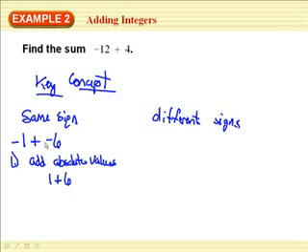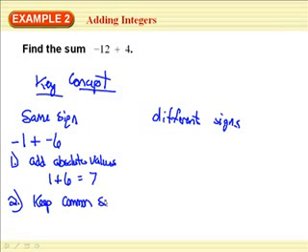I just think you add the numbers and you get 7. The second thing you do is you keep the common sign. They're both negative up here, so that means it would be negative down there: -7.